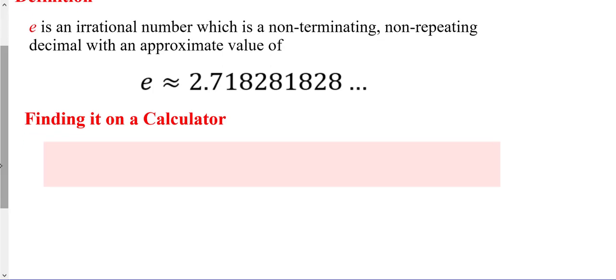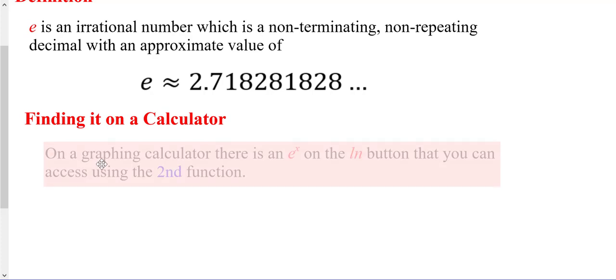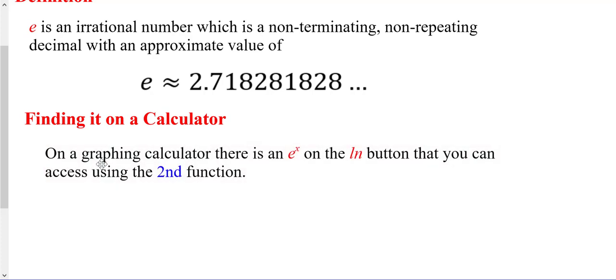So on a calculator, you have this e to represent the exponential base, just like you have the pi symbol on a calculator. And if you look on a graphing calculator, there is an e to the x, and it's right above the ln button. Ln is natural logarithms that you can access using the second function.